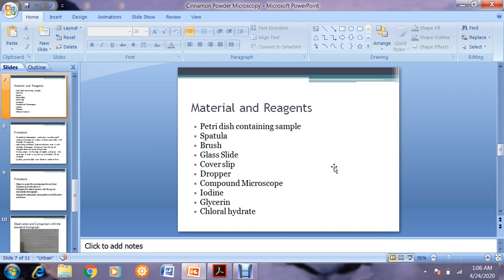The reagents which are required are iodine, glycerine, and chloral hydrate, because you have to make the slide of cinnamon powder with all of these three reagents. A separate slide for each reagent, that is, you will make a slide with the help of iodine, then a second slide with glycerine, and the third one using chloral hydrate.